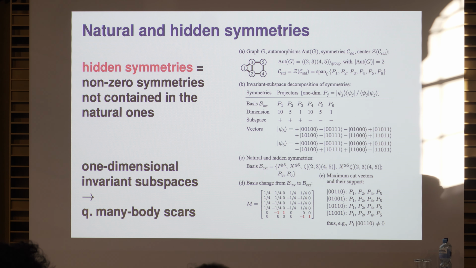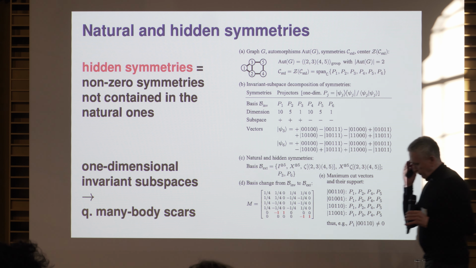These are weird symmetries, which in many cases are one-dimensional. We have seen that in the example. And people who know what quantum many-body scars are, this is very much related to this topic, because there they also look at one-dimensional symmetries which appear in addition. So the picture is the following.